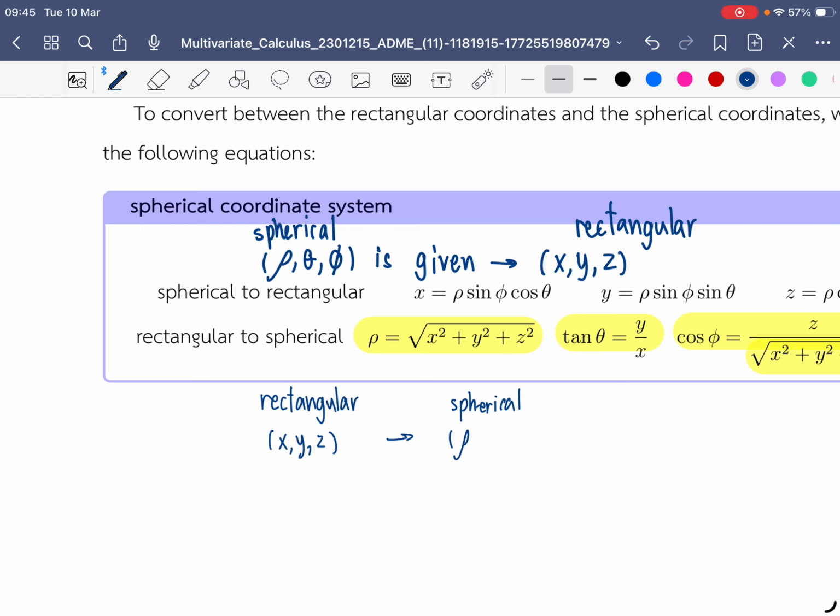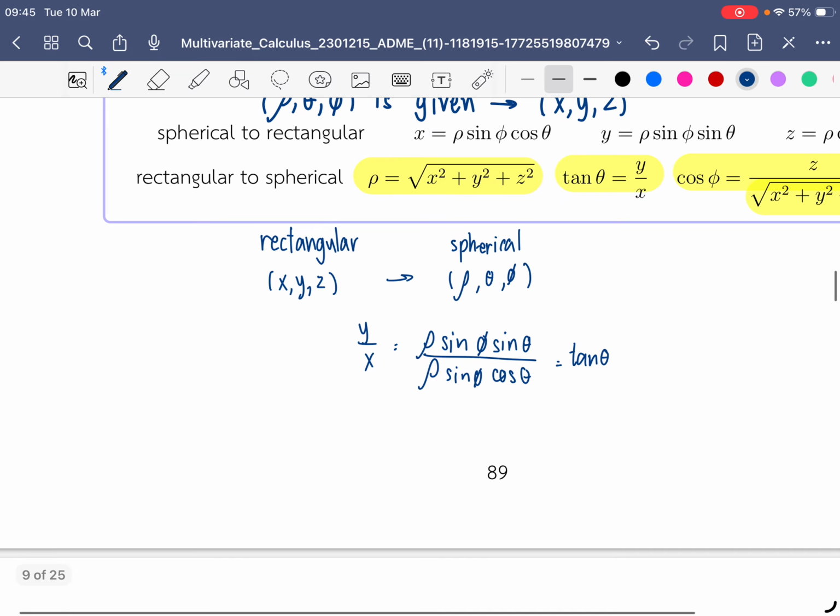Let me give you some digestion. Suppose your phi keeps going down, and when it reaches the floor level, perpendicular to the z-axis, this is when your phi is pi over 2, right? Because they are perpendicular to each other.